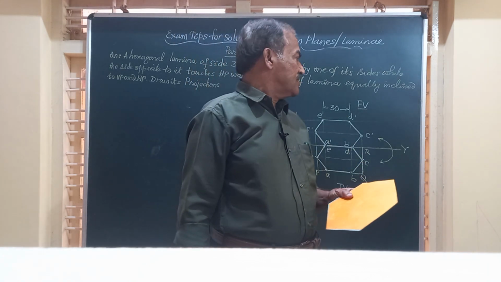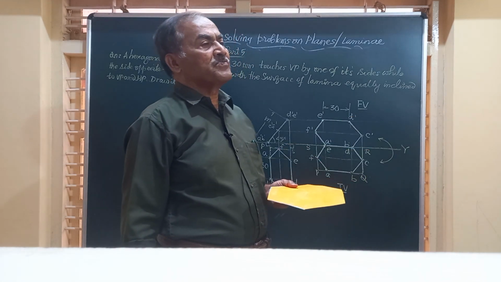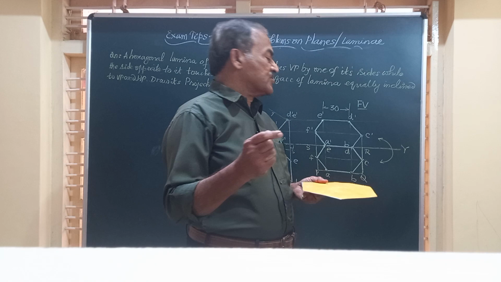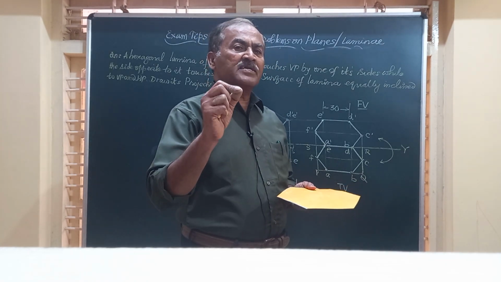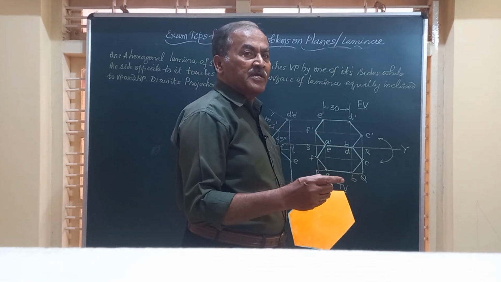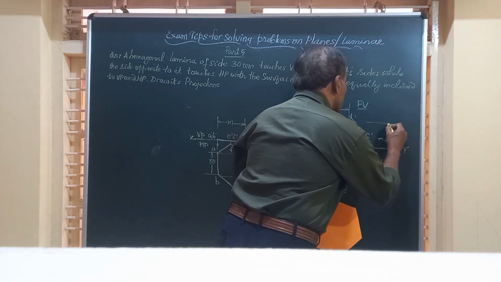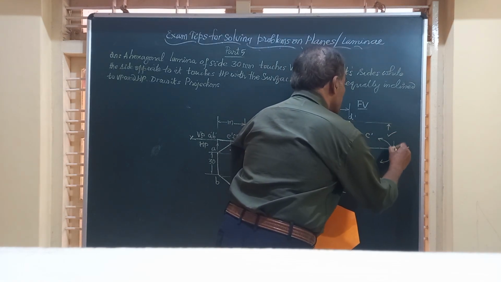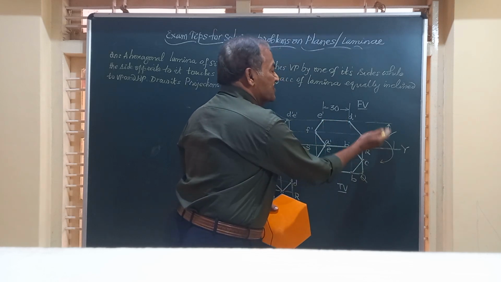And friends, after this completion of the problem, you will be asked to find out what is the distance of the side touching VP from HP. So this distance they might ask you, what is this distance? Distance of the side touching VP from HP.